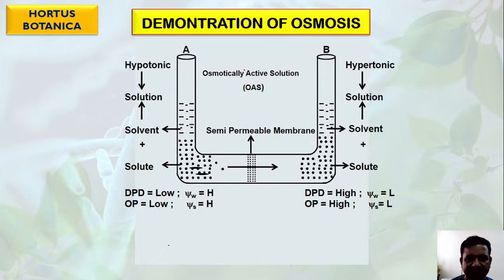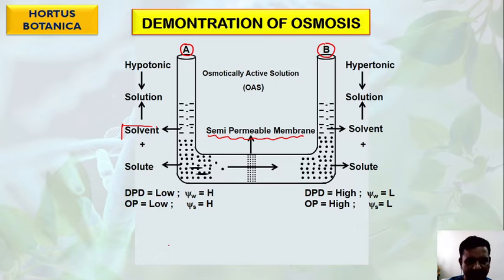What happened? I have taken here a U-shaped tube. So this figure is a U-shaped tube. Here we have two sides, A and B, and both are separated by a semi-permeable membrane. Now in side A, discuss what happened.